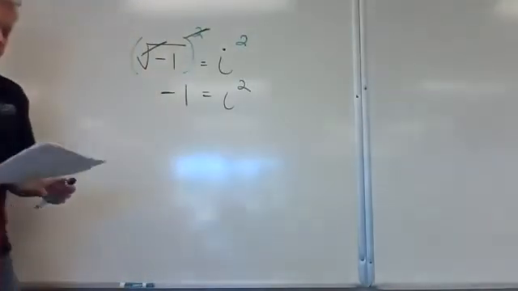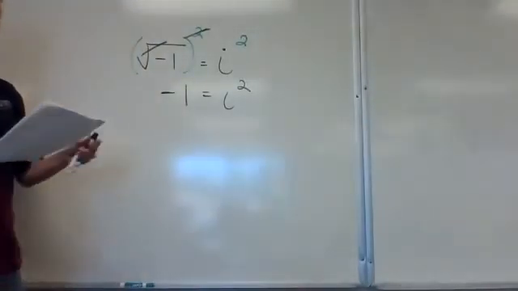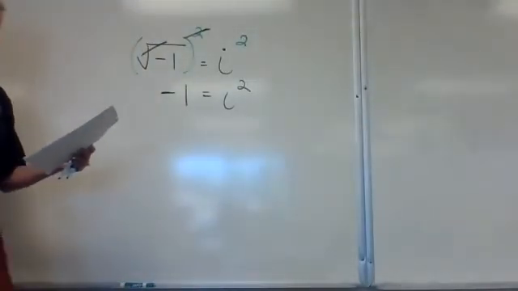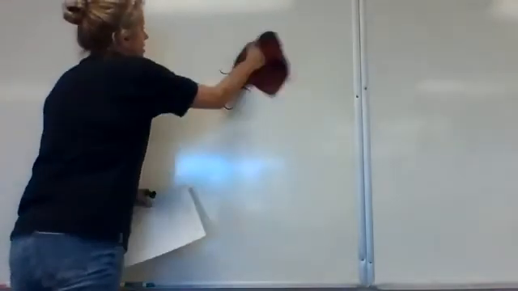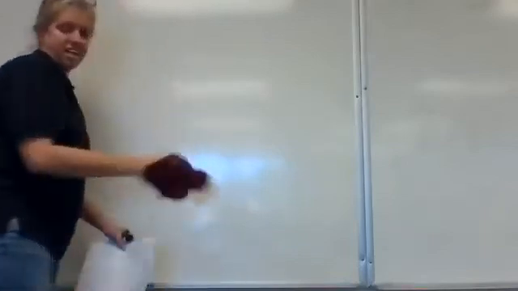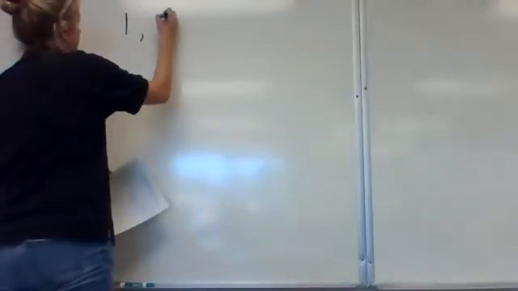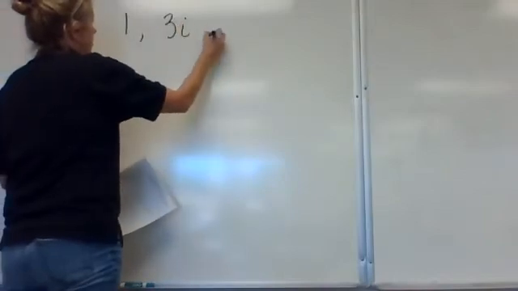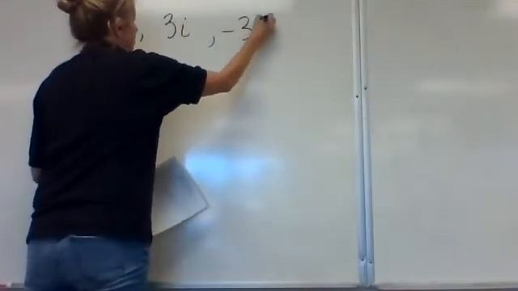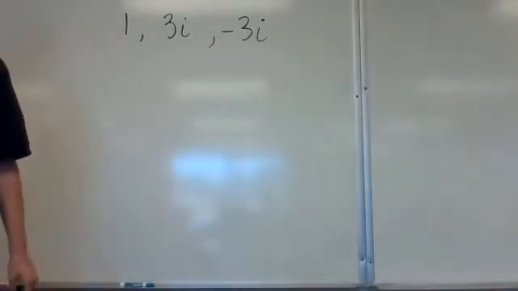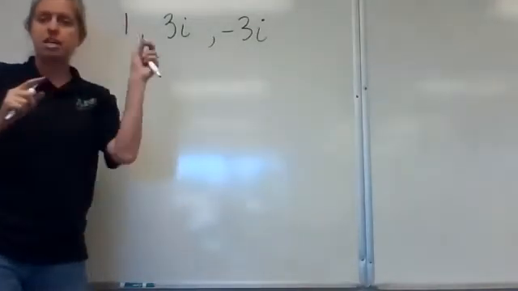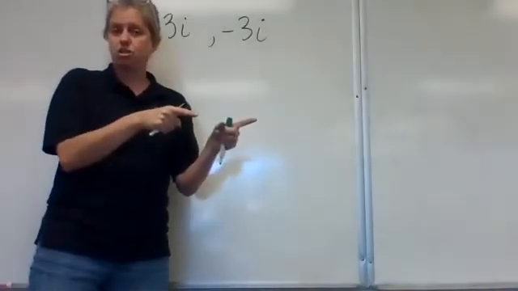Because on number 2, it's just like number 1, but the zeros that it gives me that I'm going to work backwards from are 1, 3i, and -3i. So just like the last one, we're going to go backwards from our zeros to our factors.